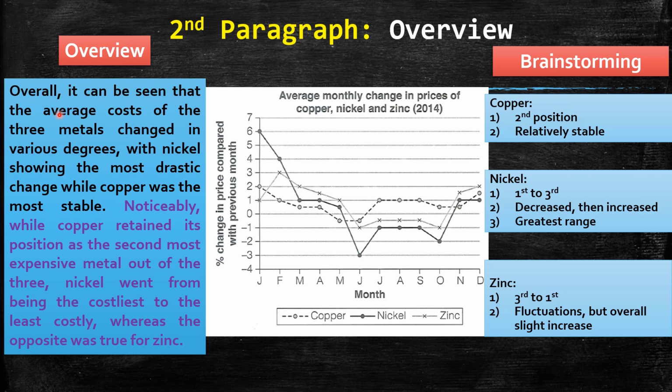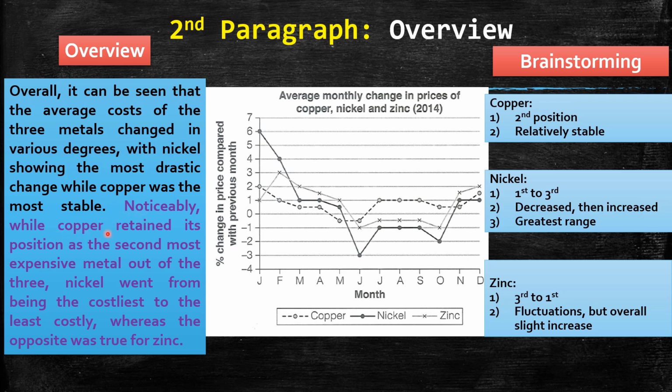Overall, it can be seen that the average costs of the 3 metals changed in various degrees. Why various degrees? Because it did not change equally like the others, with nickel showing the most drastic change while copper was the most stable, right? So nickel changed the most.